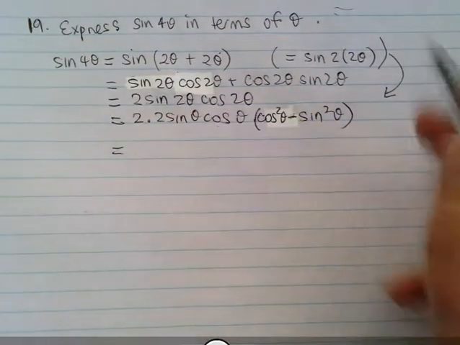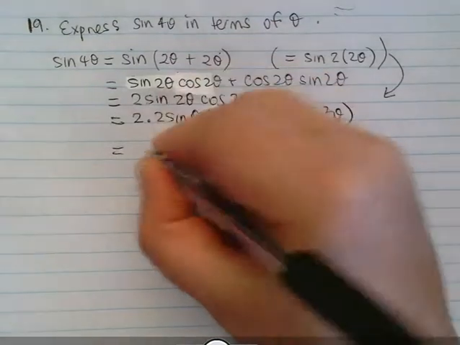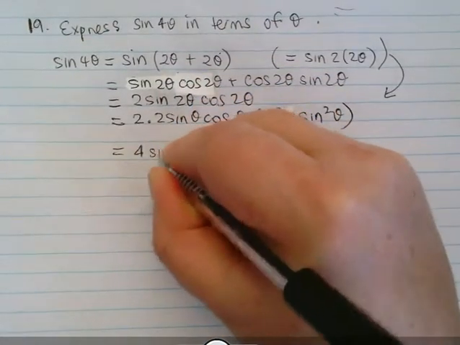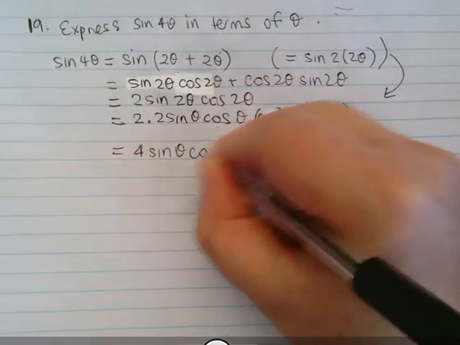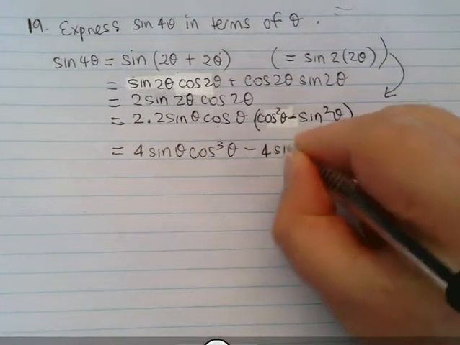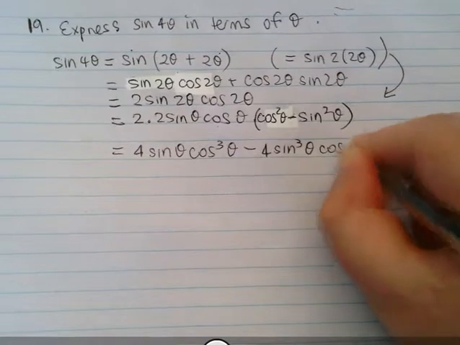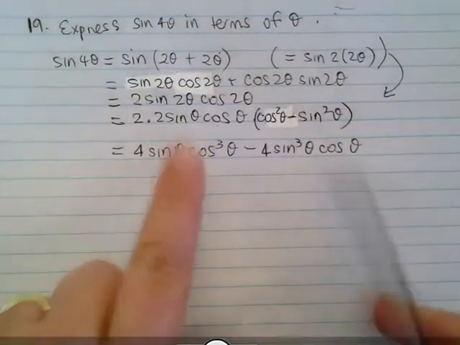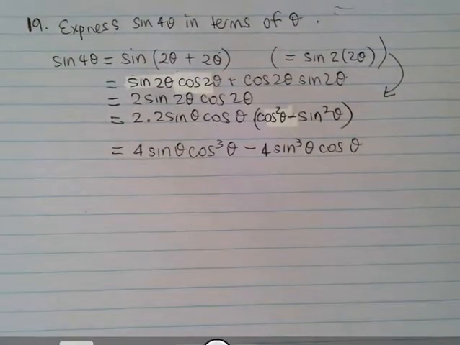But you may get a bit of symmetry this way. So we've got 4 sine theta cos cubed theta minus 4 sine cubed theta cos theta. See how there's a bit of a relationship between them, okay?